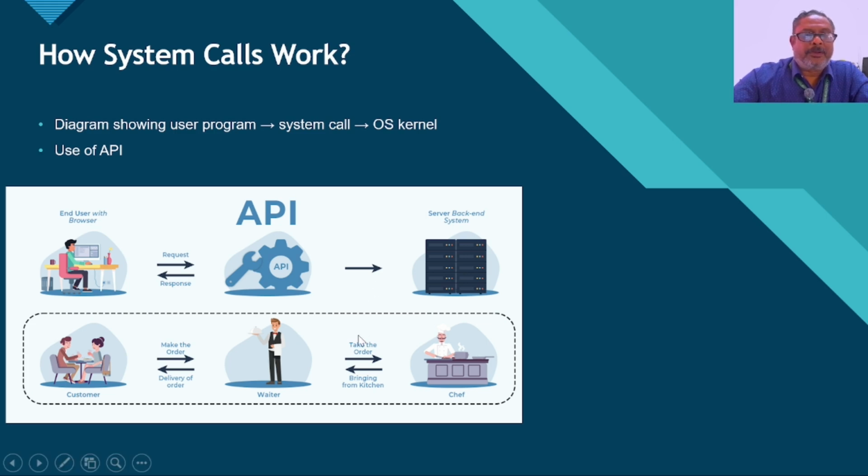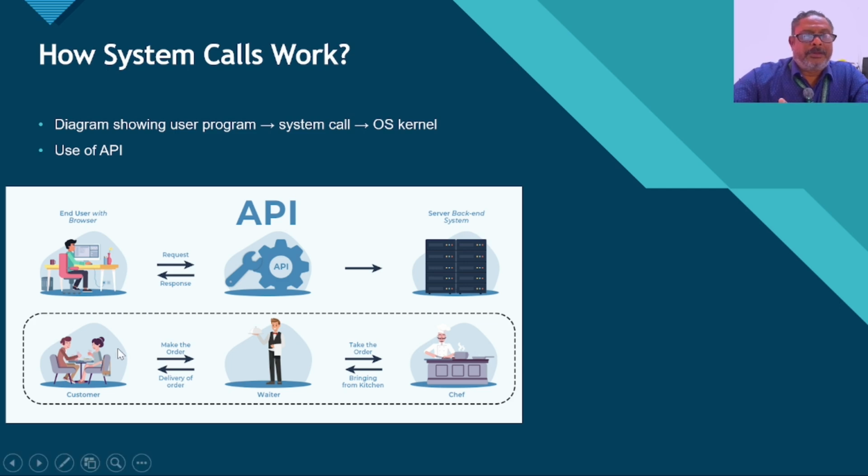An example for that could be: the API is the one playing the role of a waiter here. So the waiter interacts with the customers and gets the order, and then this order is forwarded to the kitchen, and the chef prepares the order, and the waiter gets the order back to the table and delivers it to the table.